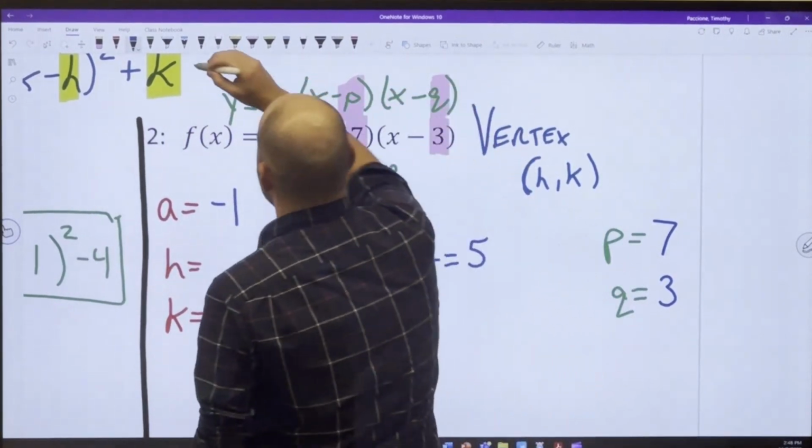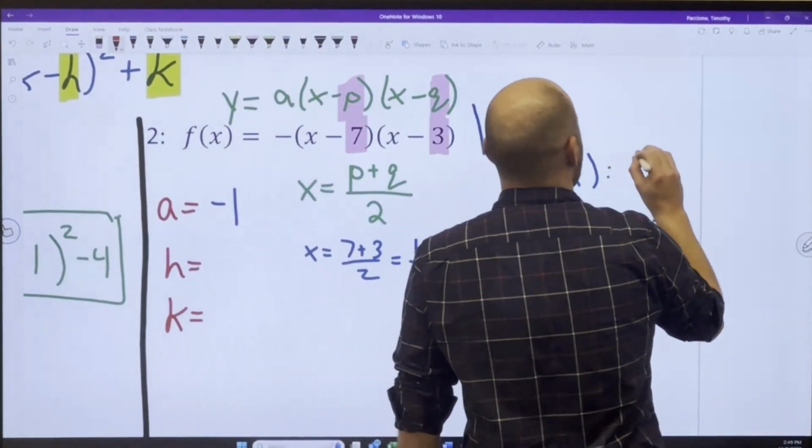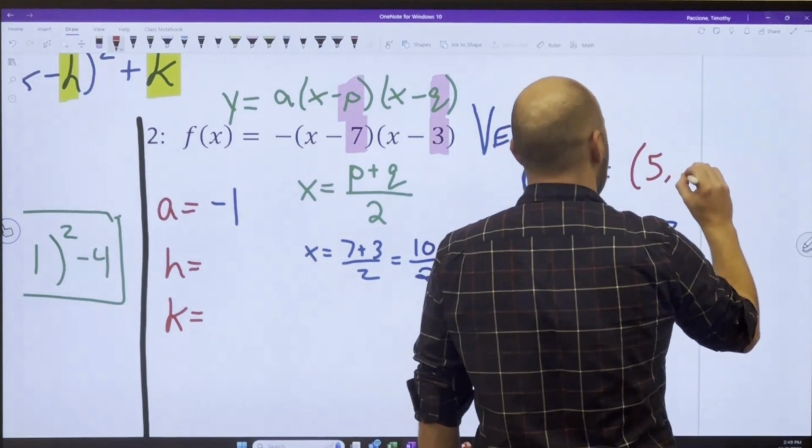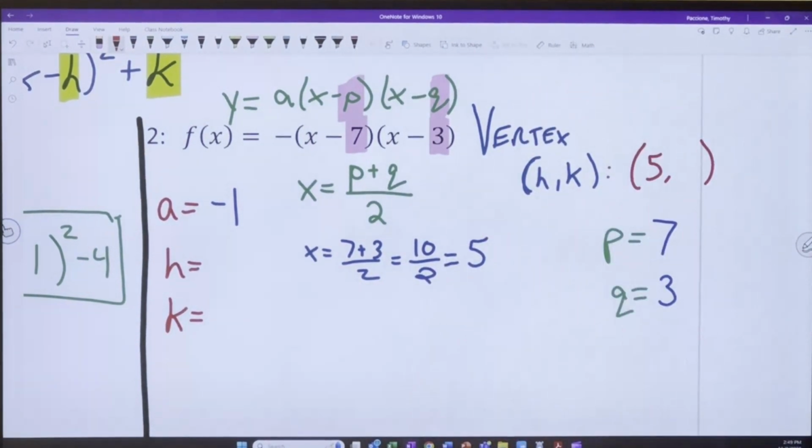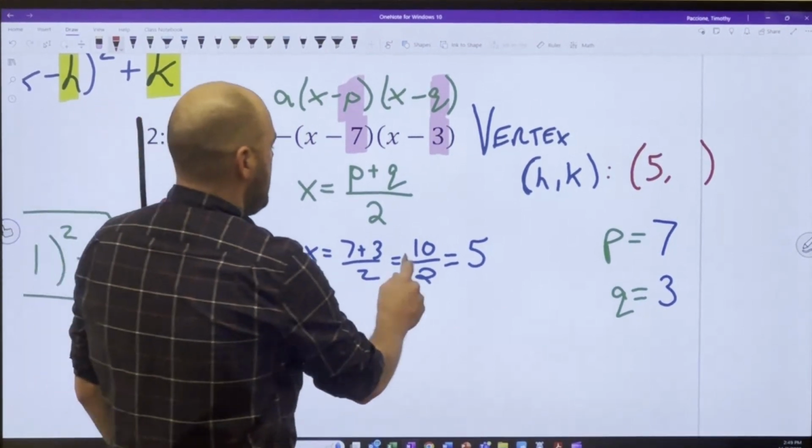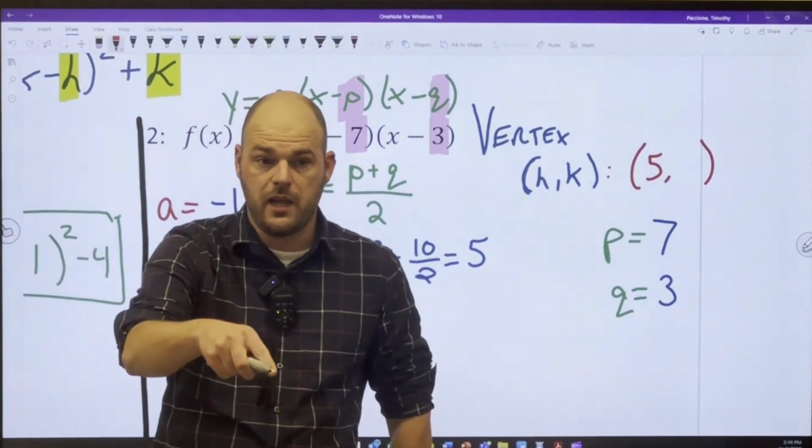So if we're thinking about our vertex, that is 5 something. How do you find that something? If you know your X of your vertex, how do you find your Y of your vertex? We find our Y by plugging it in.